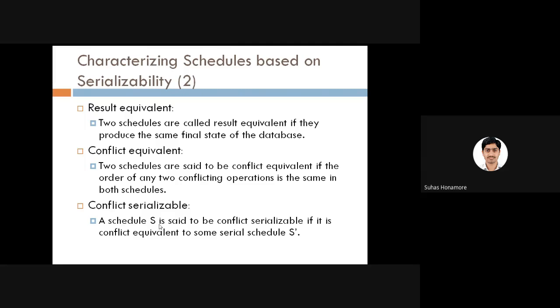A schedule S is said to be conflict serializable if it is conflict equivalent to some serial schedule S dash. So whatever we are doing in S, the conflicts will be there.